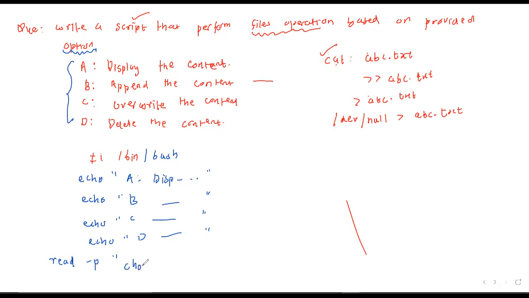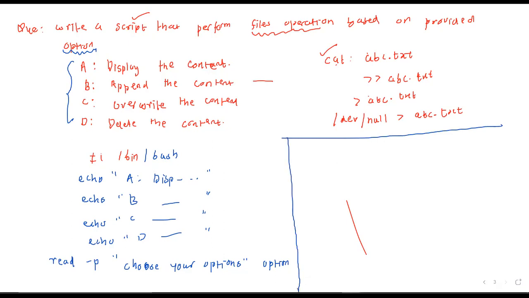We write read -p choose your options, and we define the variable option. Then option is considered as a variable. So what would be the next step?